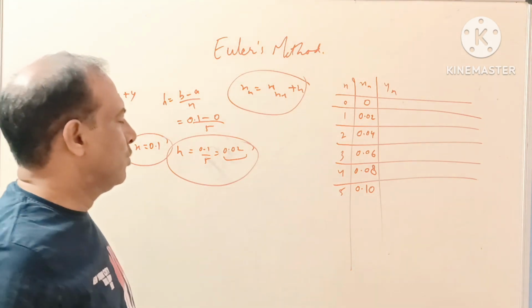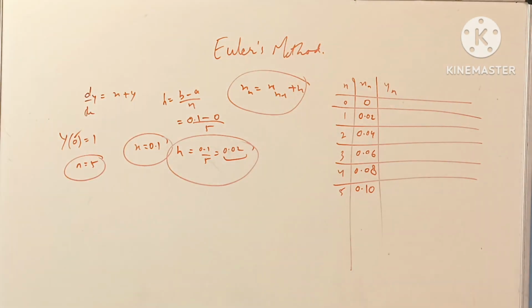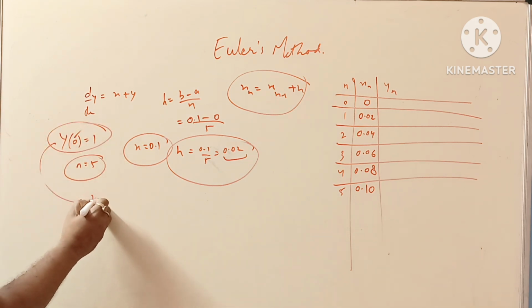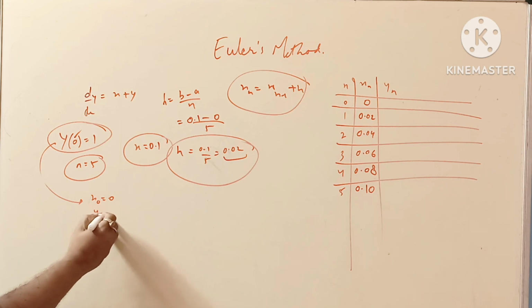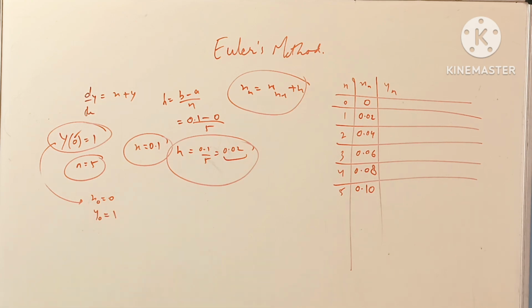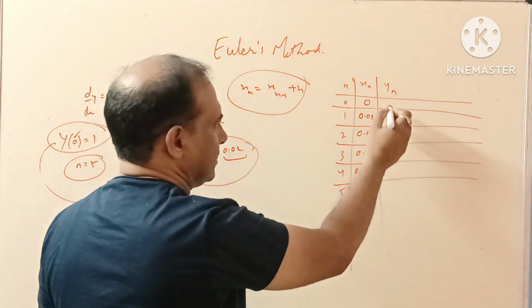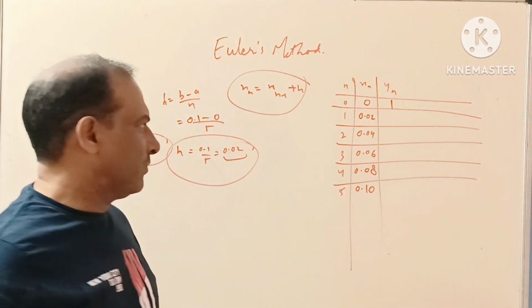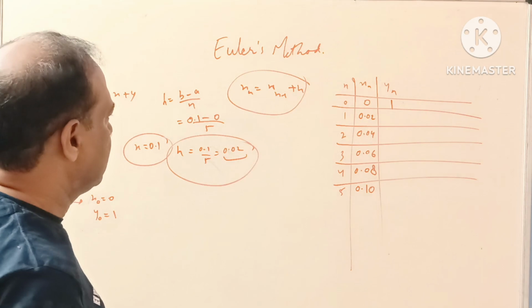Now we have to go with yn. For yn we have to find the value of y0, and here x0 is 0, and y0 is 1. This is the first term. Up till here everything is clear to you. Fine. Now start with another value.